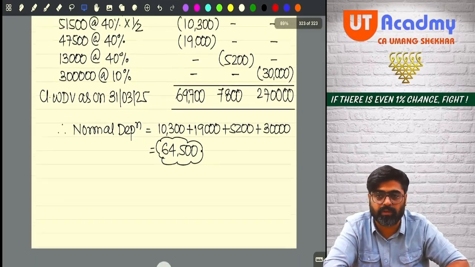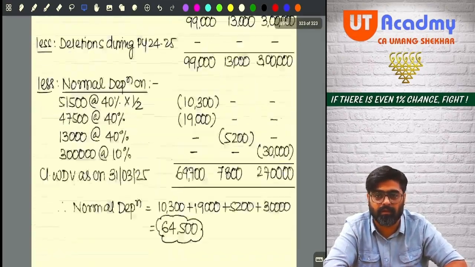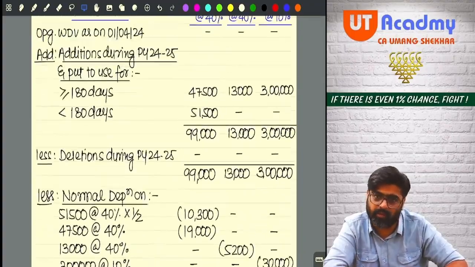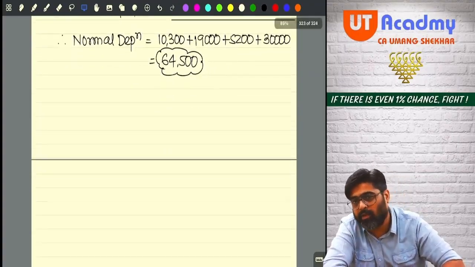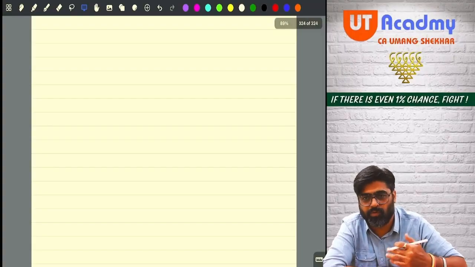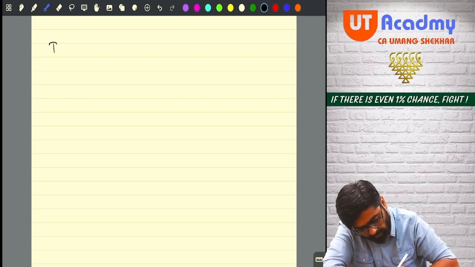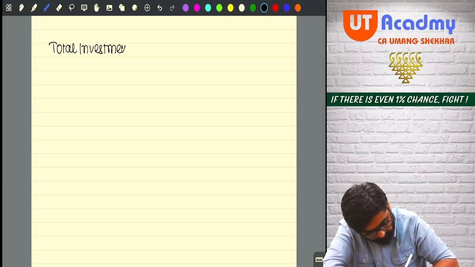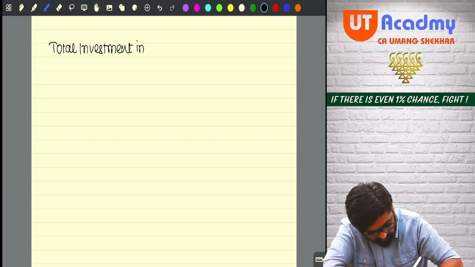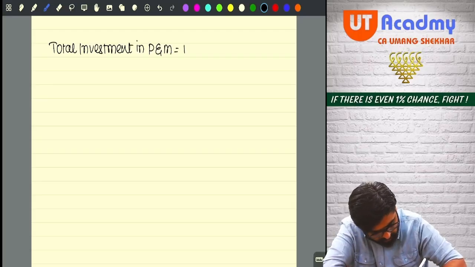Okay everyone, pay attention now. How will you solve this question? This way, this way, this way also you can solve, but I will tell you a new way in which you can solve the question. See, total investment in plant and machinery is 120 CR.